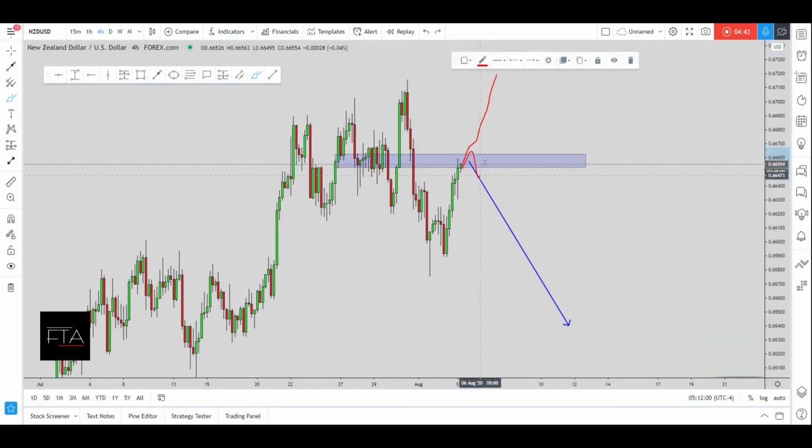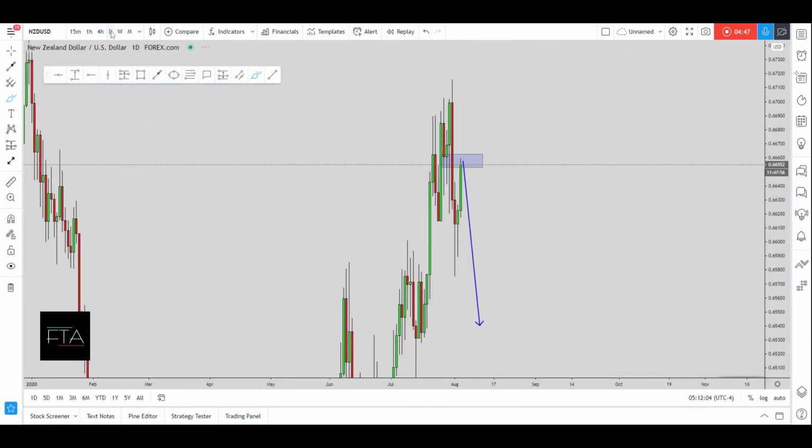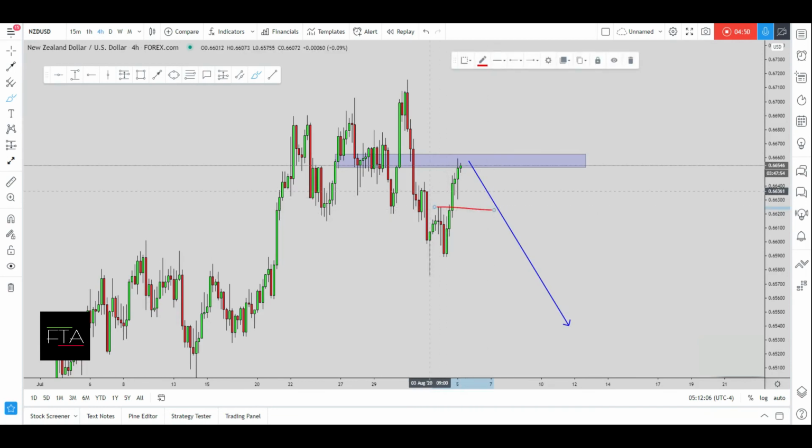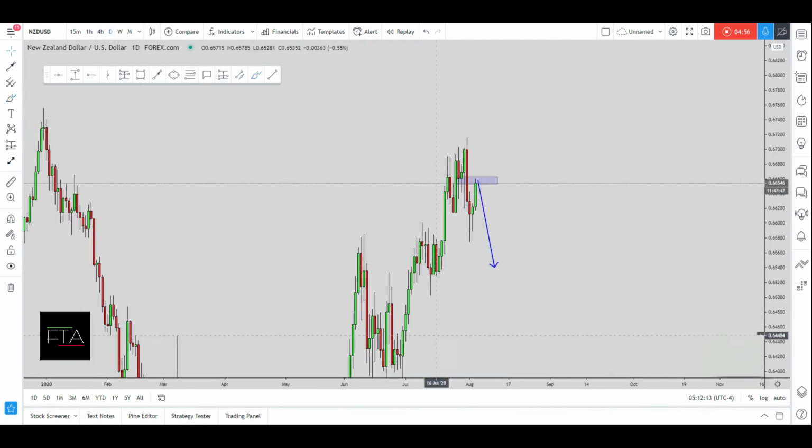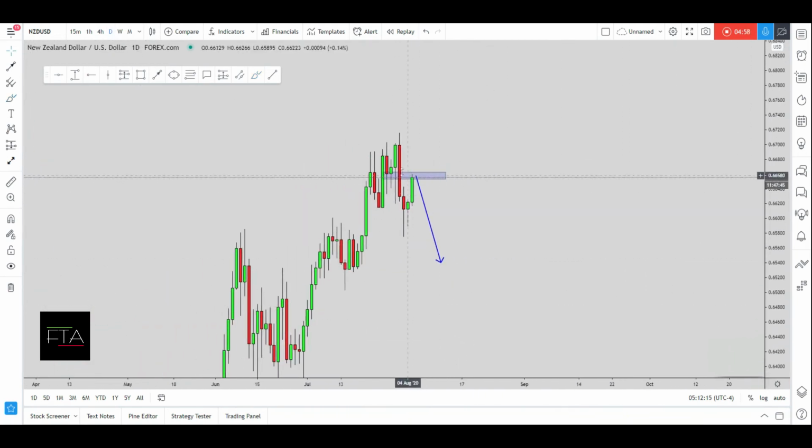On the other side, if we clearly start seeing the market shift from bullish to bearish from a 4-hour perspective, but keep in mind that here and here we still have support, levels that the market must break, and the market actually shifts to a bearish market, at that point we will be looking for a short from this zone. Simply put, with students we will be monitoring price action all inside of this big zone here, waiting on the 4-hour time frame for the market to shift from a bullish market, as it is right now, to a bearish market.